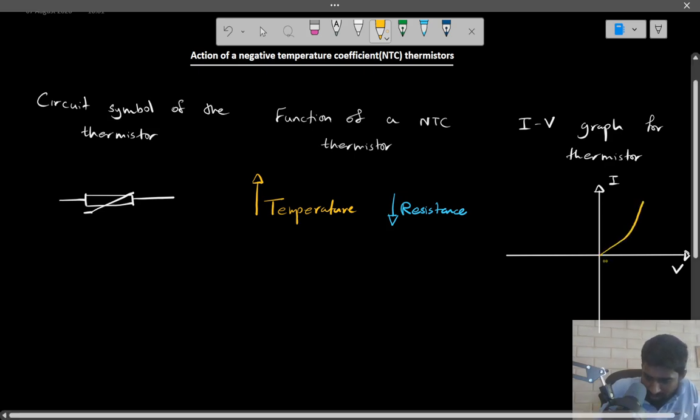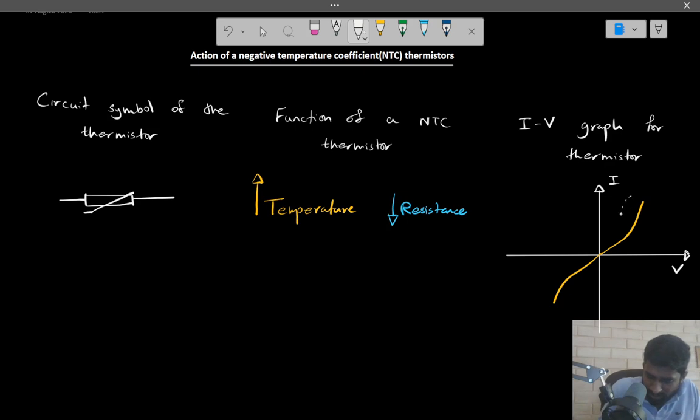Here you can see the resistance decreases. From this region, you can clearly see the resistance decreases. It is the opposite of the IV graph of a filament lamp.